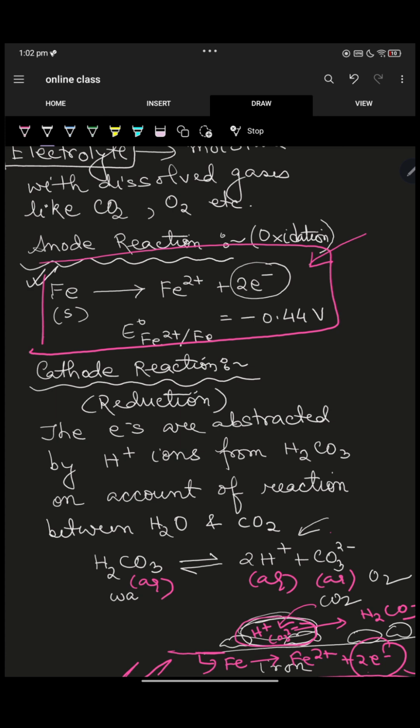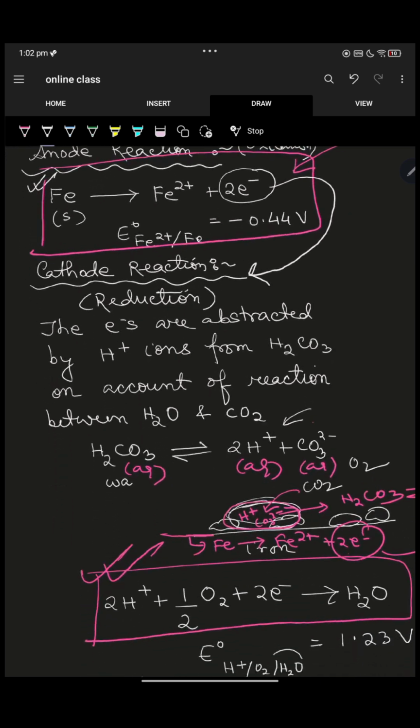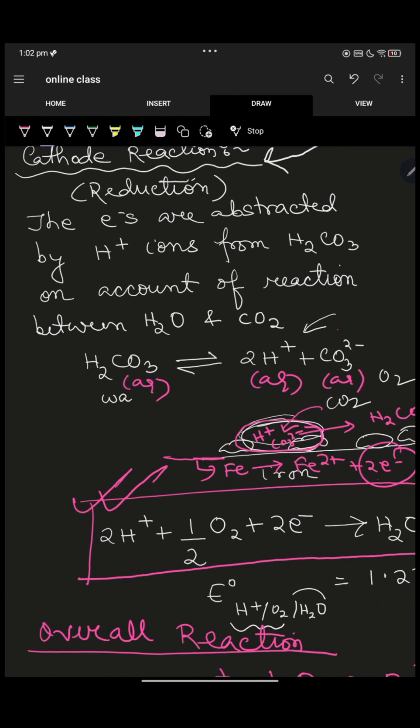And what reaction is taking place at the cathode? Reduction takes place. The electrons that are liberated here are carried to this region, where the H+ ions present by the dissociation of H2CO3 abstract the electrons in the presence of oxygen.